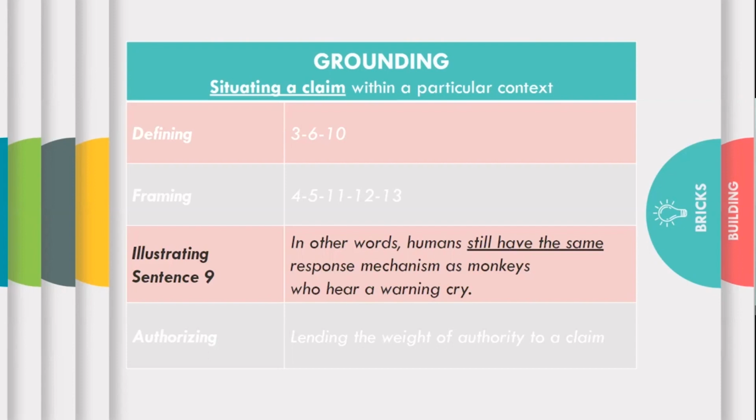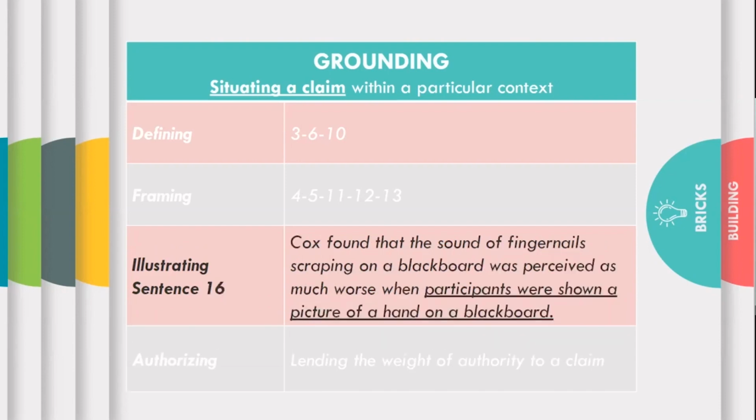So the writer is saying, illustrating that a human mechanism responds the same way as a monkey does. Here also, participants were shown something. That's also an illustration. It's an example. Participants were shown a picture and what was the result of it.